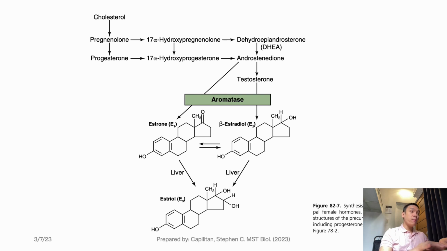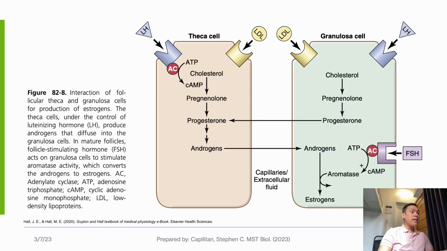With the help of aromatase, they will become estrone (E1), beta estradiol (E2), and estriol. Let's talk about the interaction of the follicular theca and granulosa cells for the production of luteinizing hormone, producing androgens that diffuse into the granulosa cells.